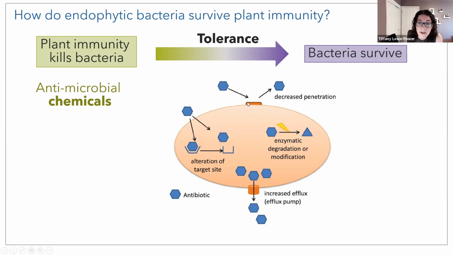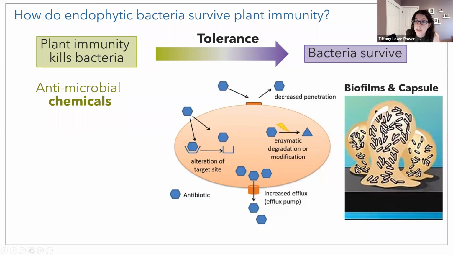Some bacteria have modifications of their cell envelope that decrease the amount of those chemicals that can get into the cell. Sometimes the bacteria have enzyme pathways that can break down and degrade those plant chemicals, so they remove the antimicrobial chemical. And another very common strategy is that bacteria have pumps that allow them to secrete the chemicals outside of their cell.